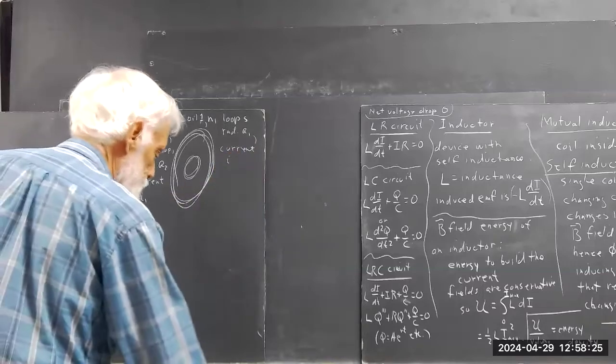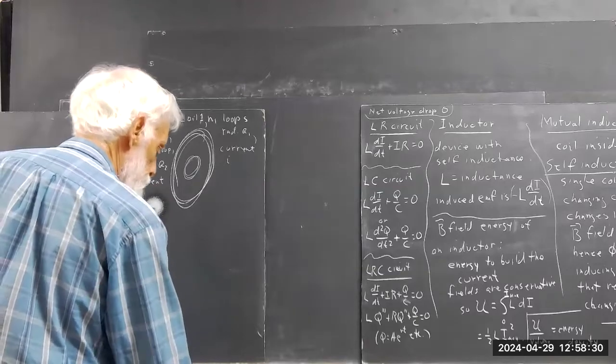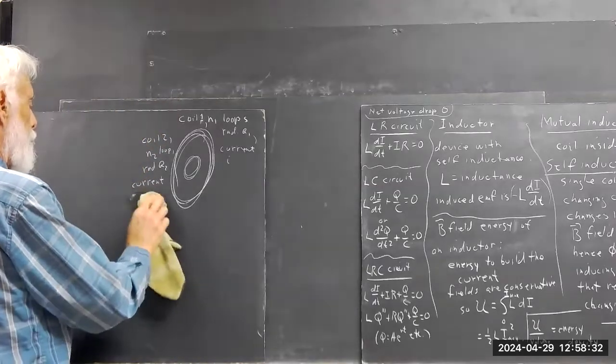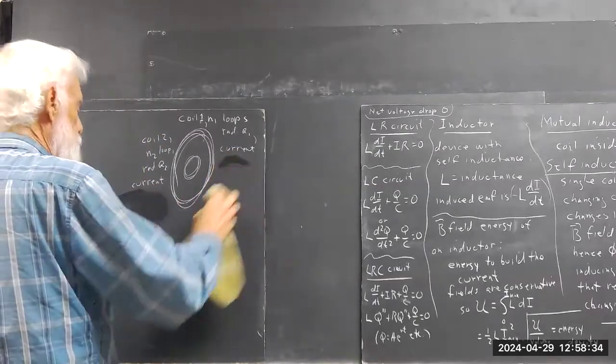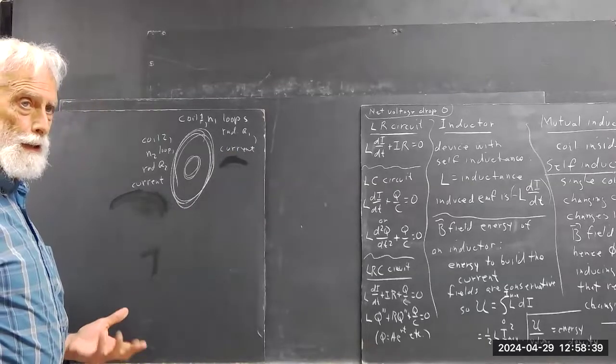Your book likes to use lowercase i a lot of times for current. I don't like to, because you get into the square root of -1 i a lot.